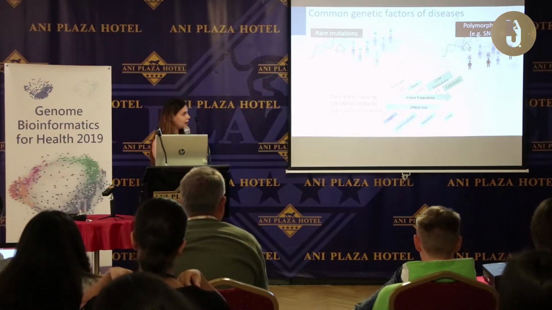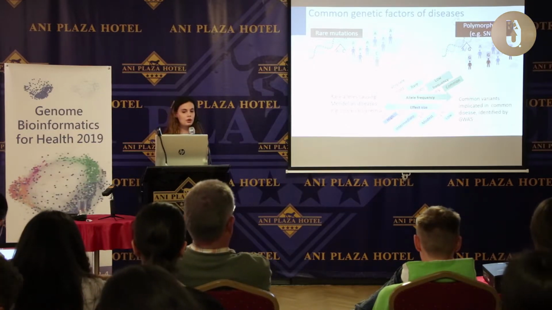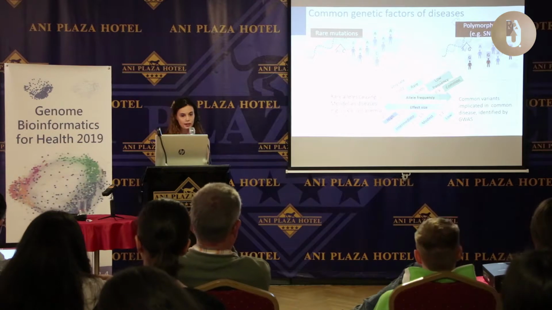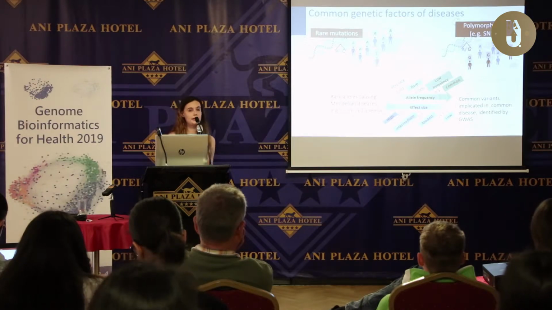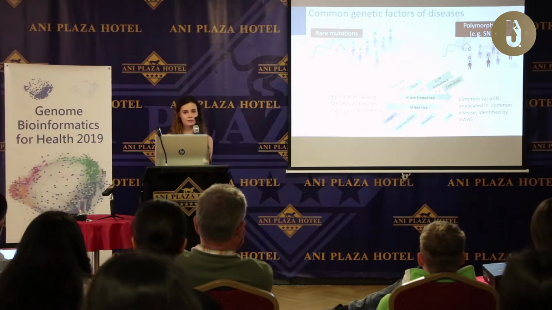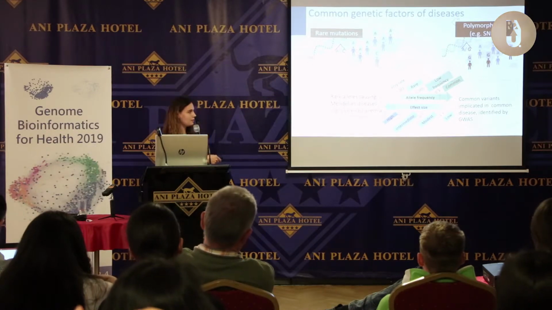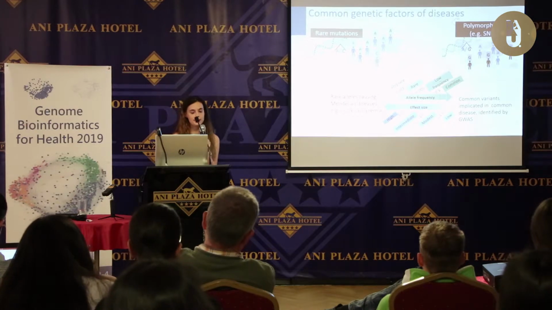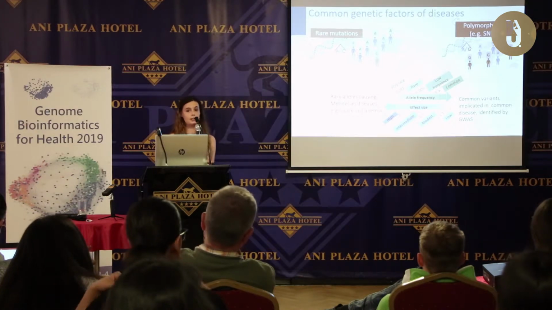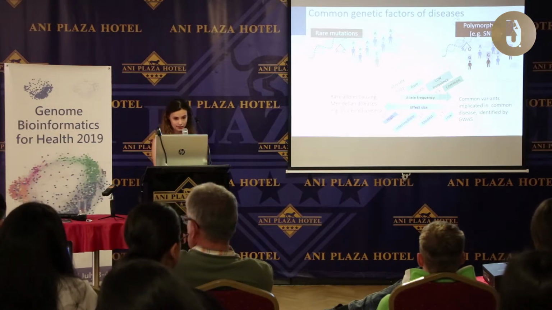But the other type of genetic factors are polymorphisms, which cause complex diseases. These polymorphisms have very high frequency in the populations. However, the effect size of each polymorphism or SNP individually is very low. So identification of the set of SNPs which are risk factors for common disease development is a very challenging task.